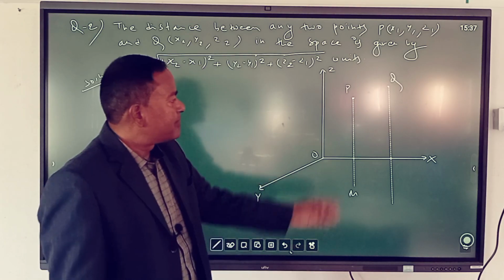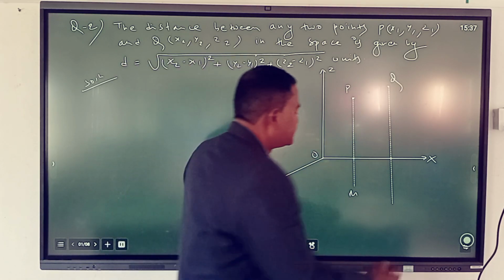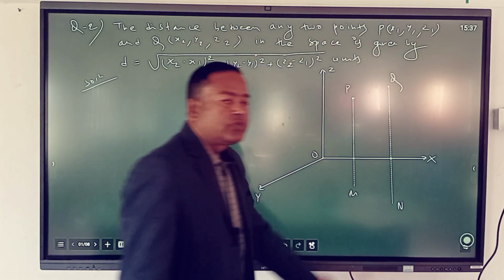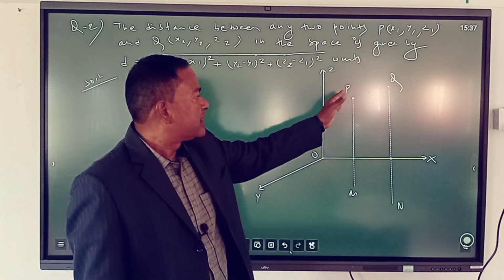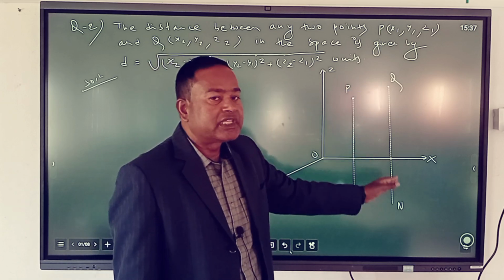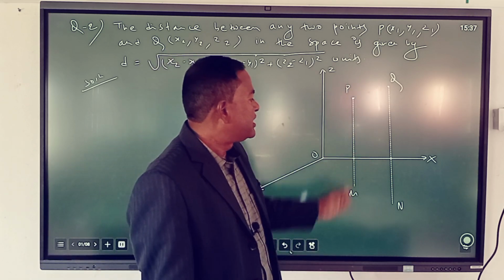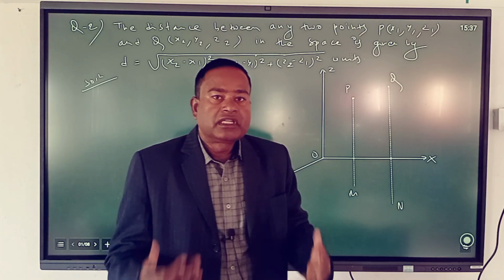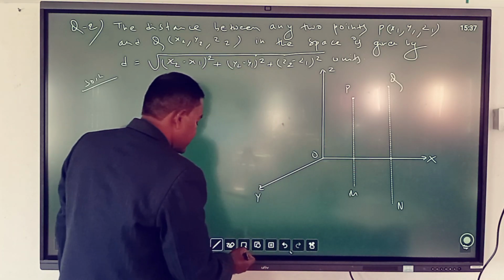Let us say PM is perpendicular to the xy plane and QN is also perpendicular to the xy plane. From the given points P and Q, we have drawn two perpendicular lines PM and QN in the xy plane.